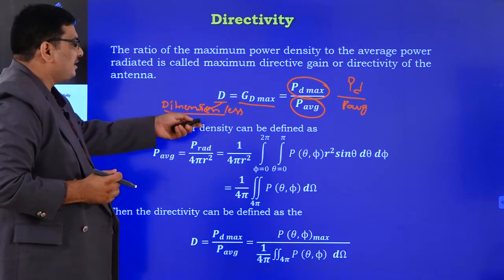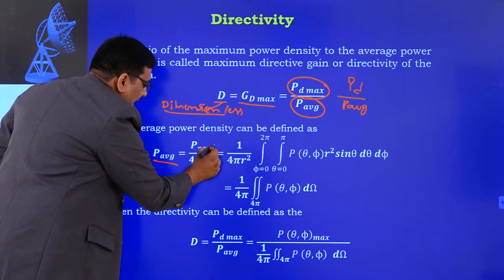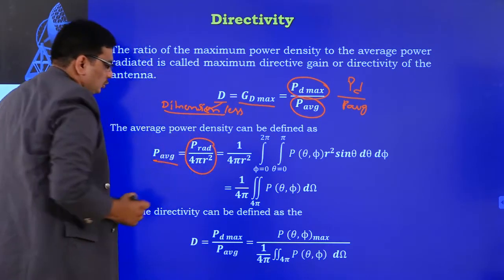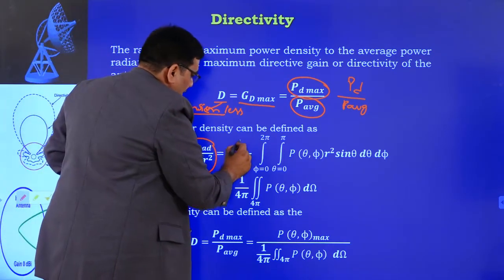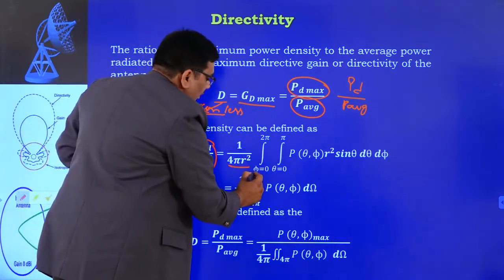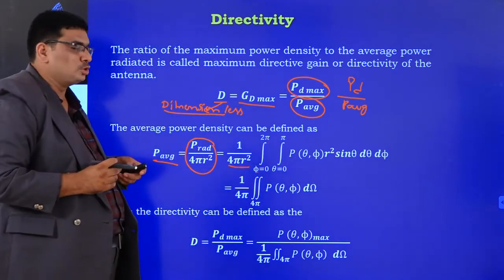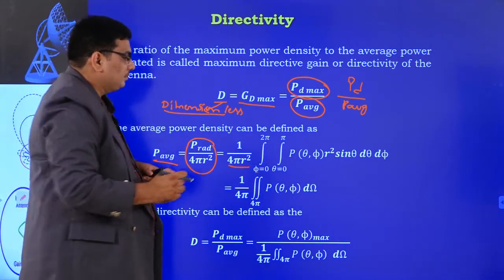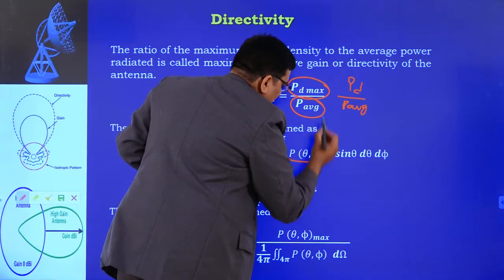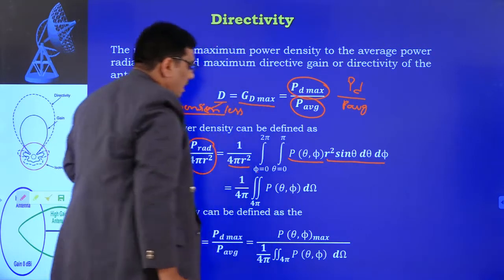The average power density can be expressed as P_rad by 4 pi r square. From this I take 1 by 4 pi r square outside, and the integration of phi from 0 to 2 pi, and the integration of theta from 0 to pi. We know this is the power P of theta comma phi into r square sin theta d theta d phi.